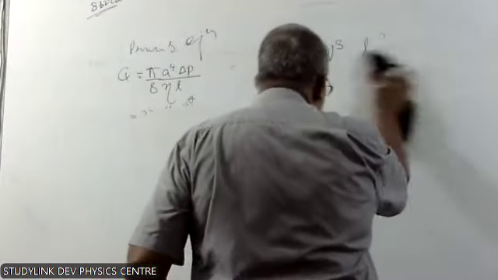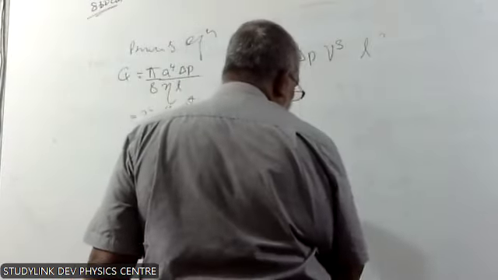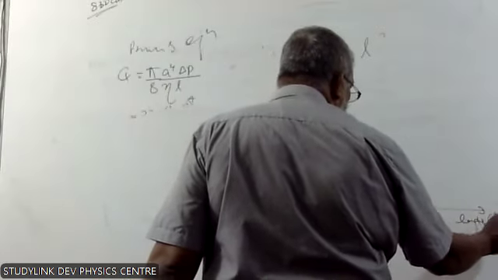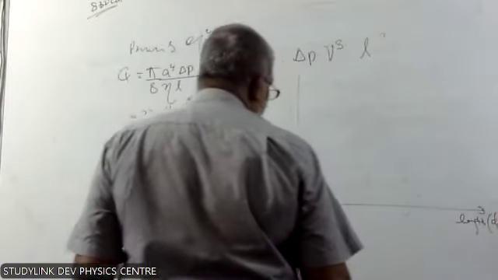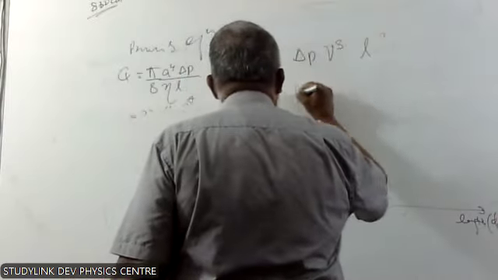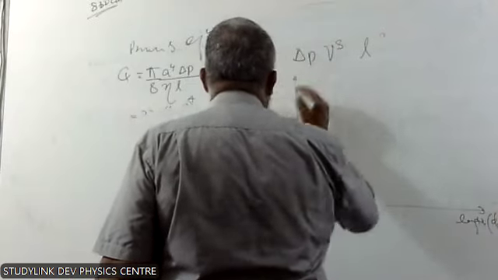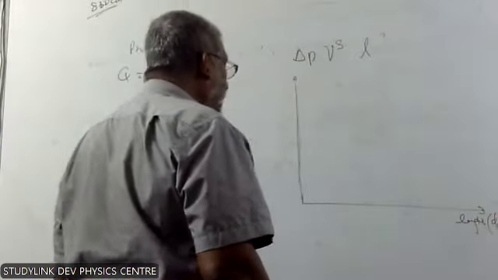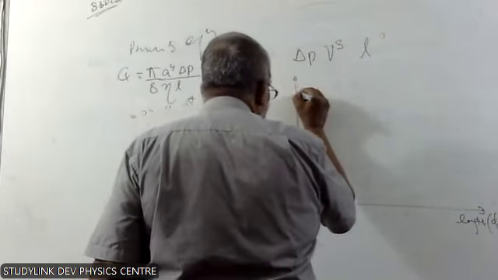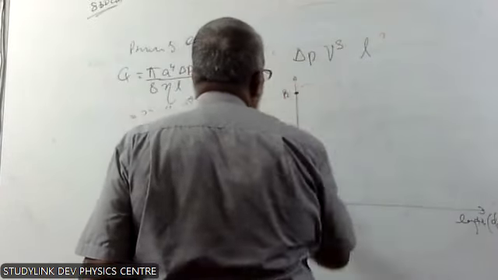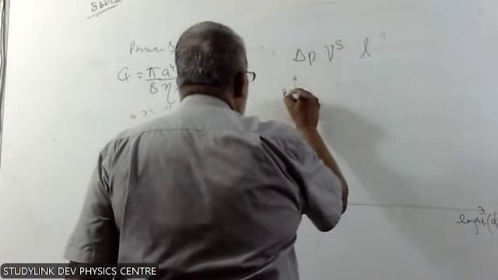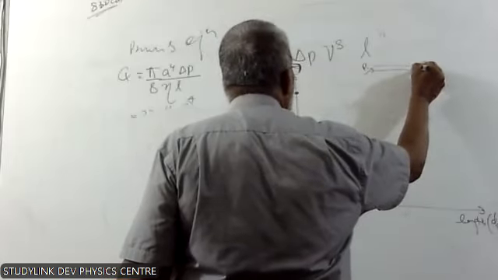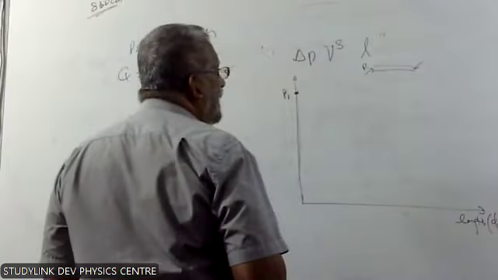Then normally the graph comes like this, according to the length of the tube. The tube starts from the initial place where length is 0, and the pressure at the first end is P1. At the other end, the pressure is P2.